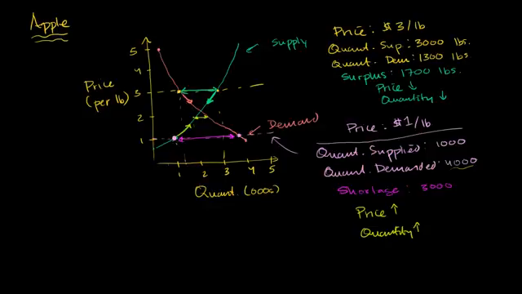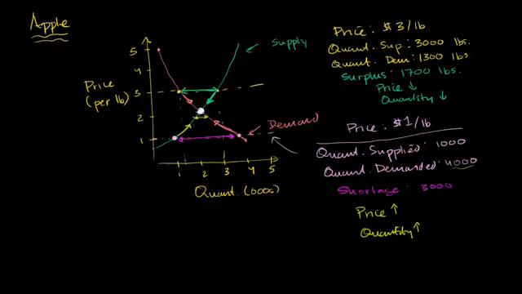If the price from the get-go were too low, then you have this huge shortage. Things get bid up. The prices go up. As the price goes up, the suppliers want to produce more. They move up the curve. And as the price goes up, then the people will demand less. And you see that it's all converging on a point right over here where the two lines intersect.